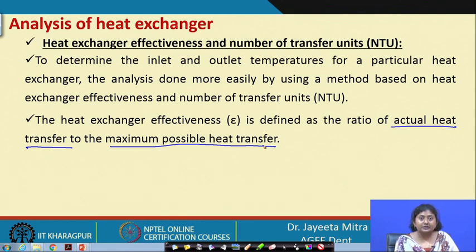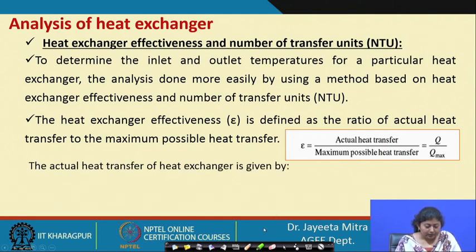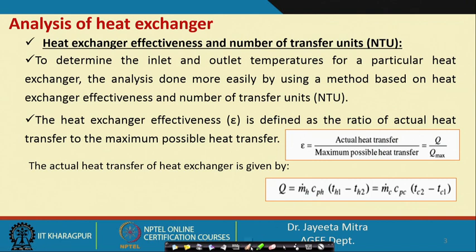Actual heat transfer means the heat transfer from the hot fluid to the cold fluid that we are getting, that is, m Cp delta T for the hot fluid or m Cp delta T for the cold fluid. So, effectiveness epsilon is equal to actual heat transfer by maximum possible heat transfer, so Q by Q max. The actual heat transfer of the heat exchanger is given by the flow rate of hot fluid, m dot H, and Cph, the specific heat of the hot fluid.